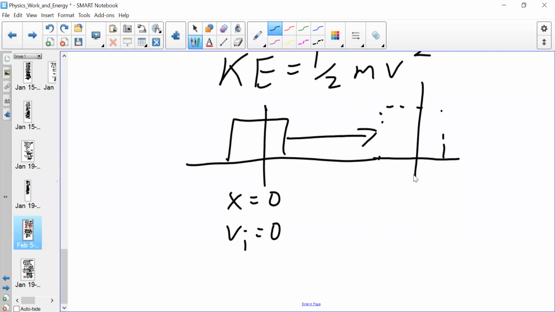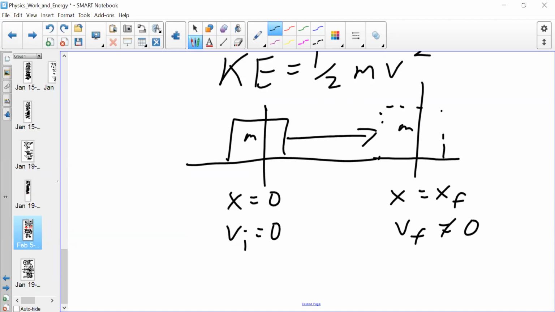And at this point, I'll have x is something, like x final. So there's a displacement change and a speed change, right? So v final is not 0, right? And so this box has mass.